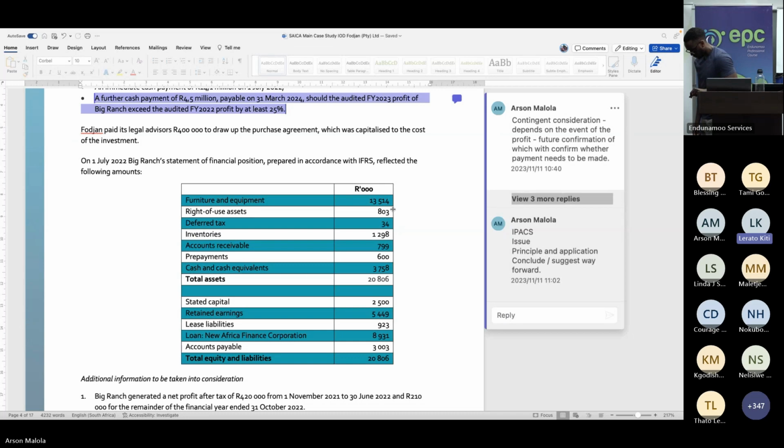But in your response, you're like, it is a contingent consideration, so you should have done this. And that's what we're answering as well, only because we're under pressure to respond in 1 minute. If we had the whole 8 hours, some of us would have gone into detail to explain why we think it's contingent.